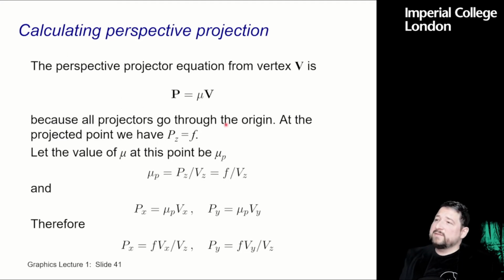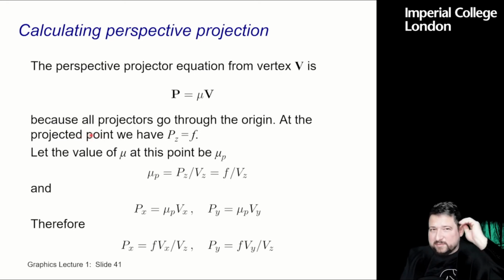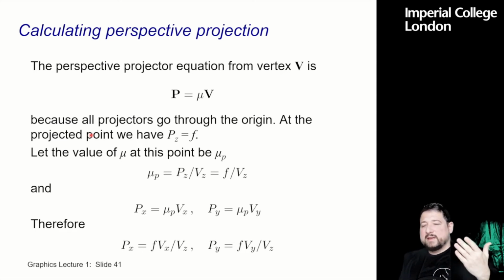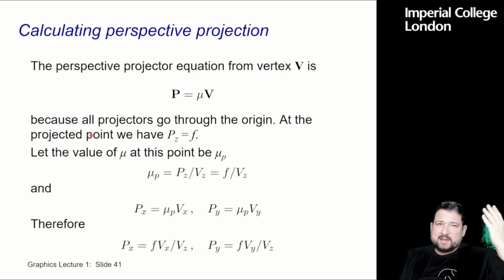Now, how do we work out 3D to 2D projection in this context? Again, we have some sort of parameterized line direction. And this time the projection equation is really just a scaling of our 3D coordinates, because all projectors go through the origin. At the projected point, we know one thing again. Previously in orthographic projection, we knew that all our projected points live in the xy plane, so z is 0. Now we know they all must have the same z.